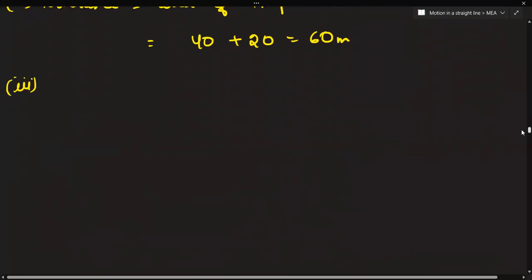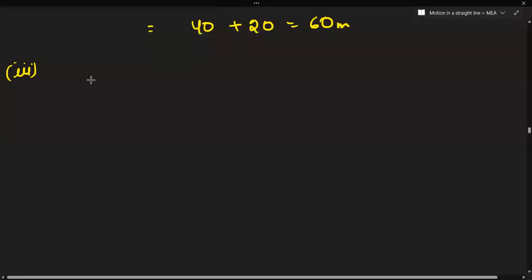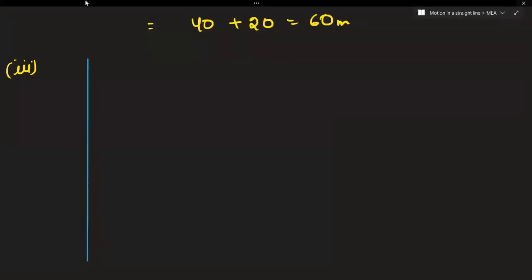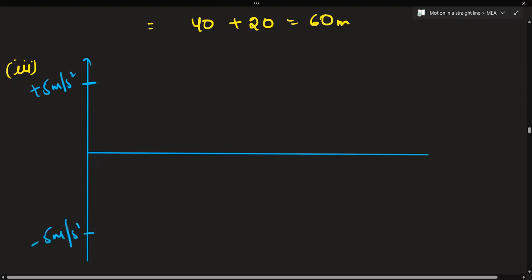For plotting such graphs, do one thing. Let's say this is plus 5 meter per second square. This is minus 5 meter per second square.